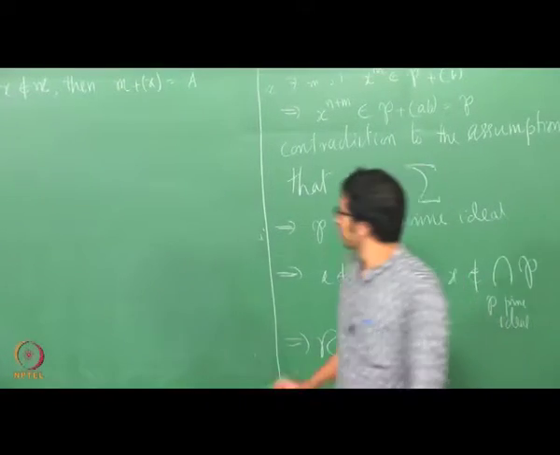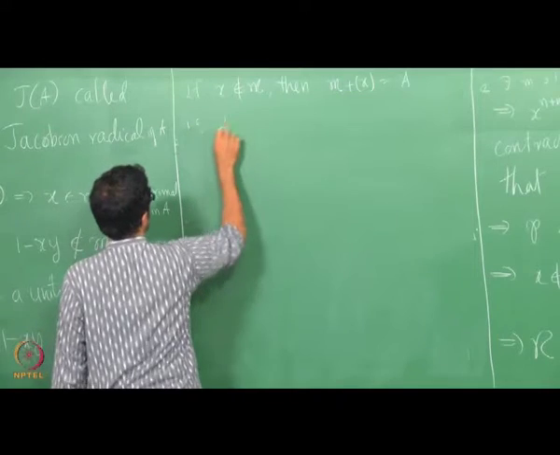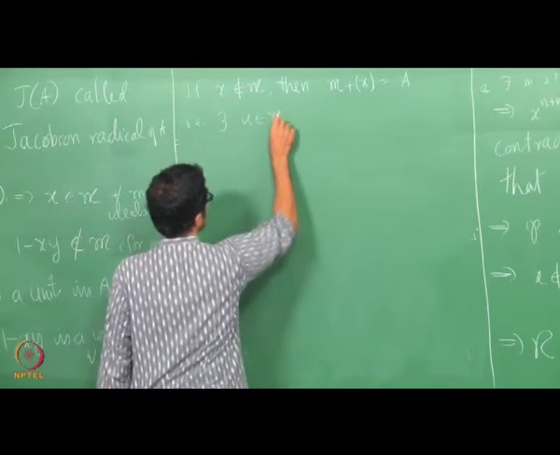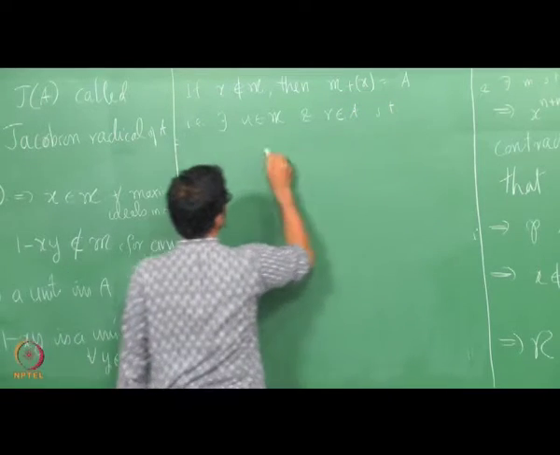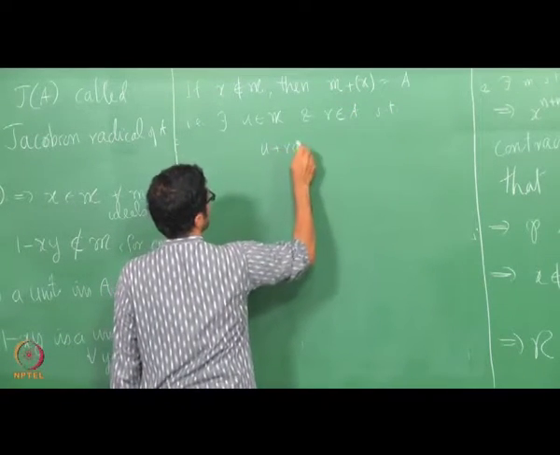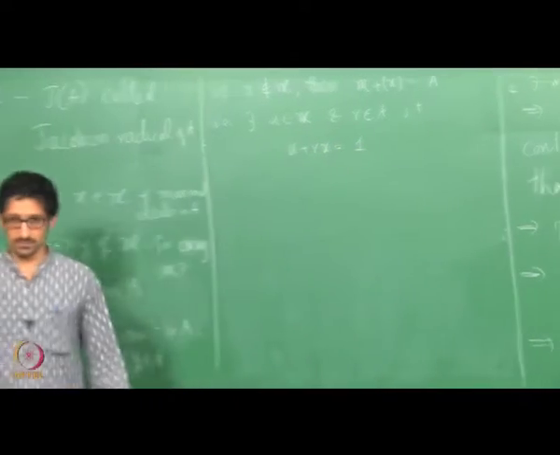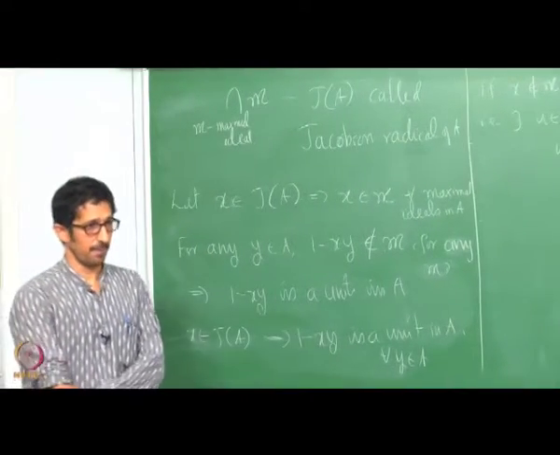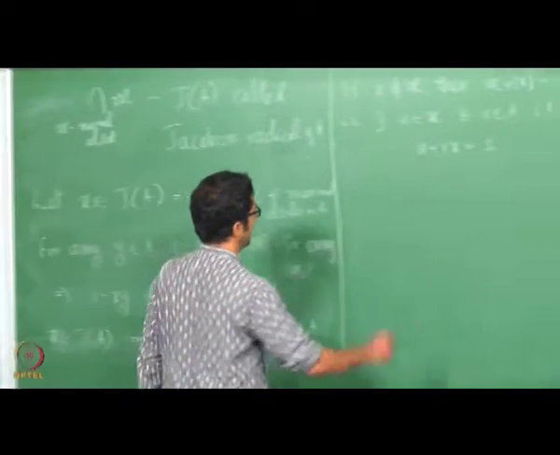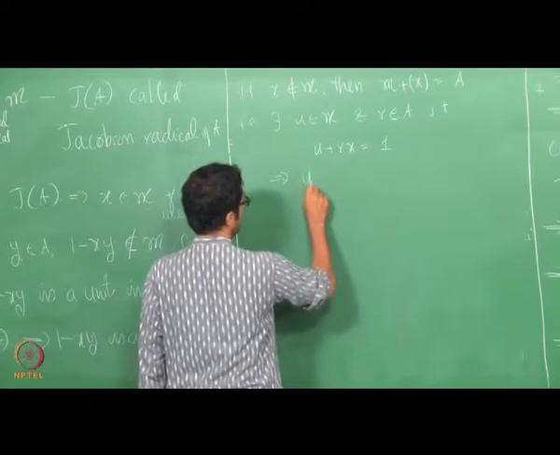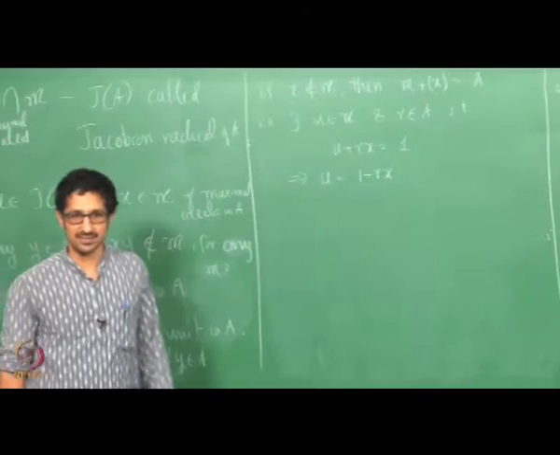Or in other words, there exists some element u in M and r in A such that u plus rx is equal to 1, which implies that u is equal to 1 minus rx.